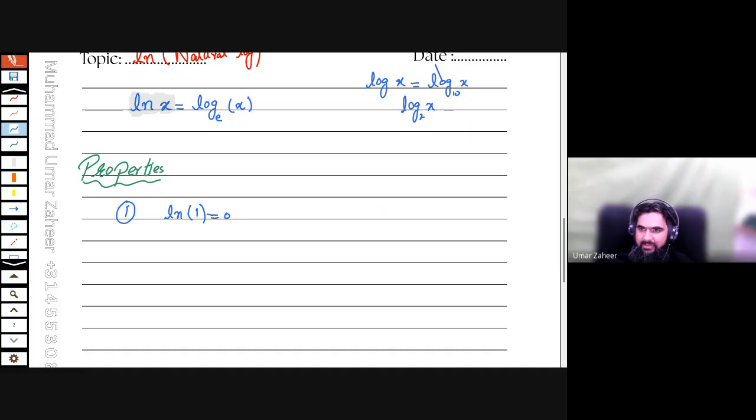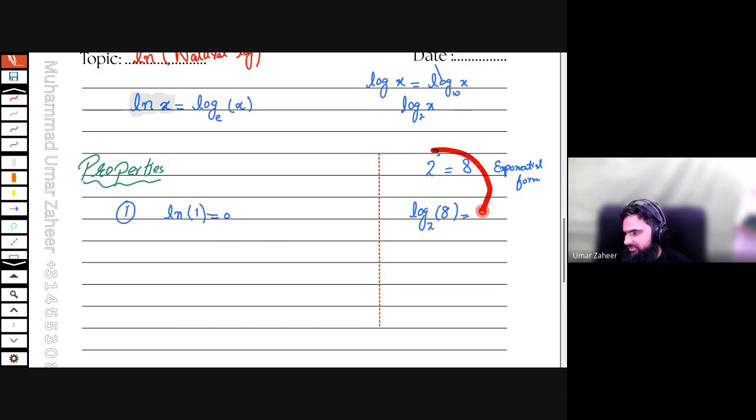All right. Okay, before I go for it, I'm just going to recall the exponential to logarithmic form. For example, if you have 2 raised to power 3, it is equal to 8. It is exponential form. If you want to convert it into the log, it is log with base 2 of 8. The answer is 3.